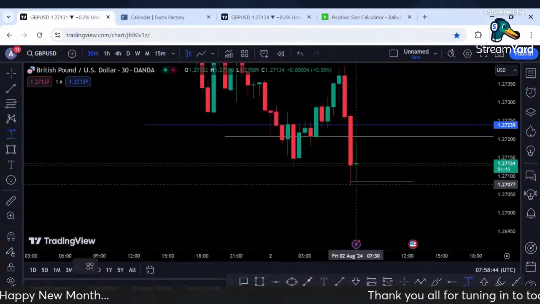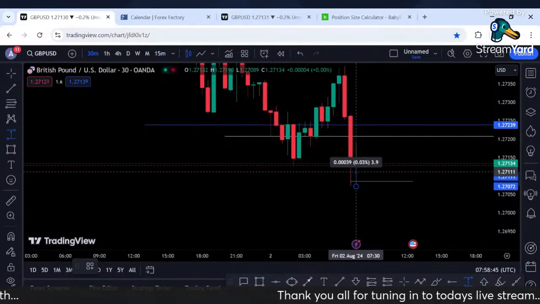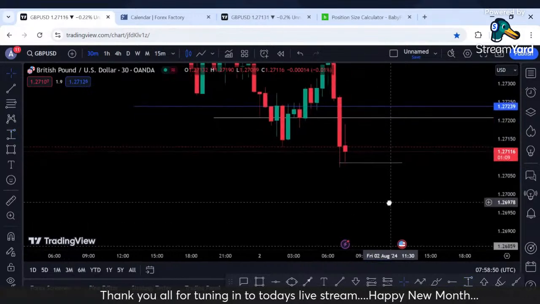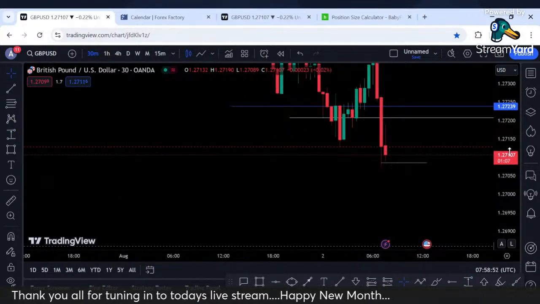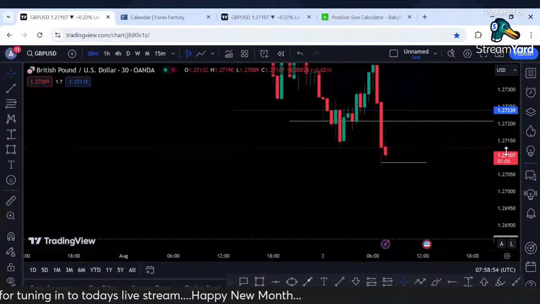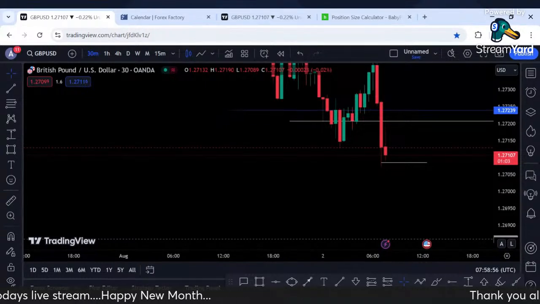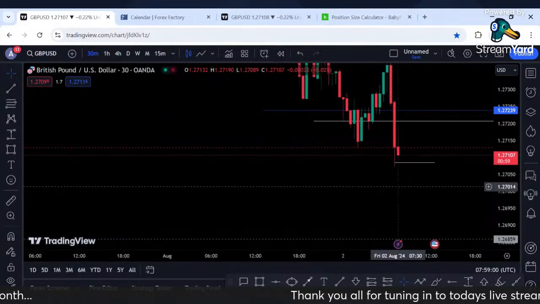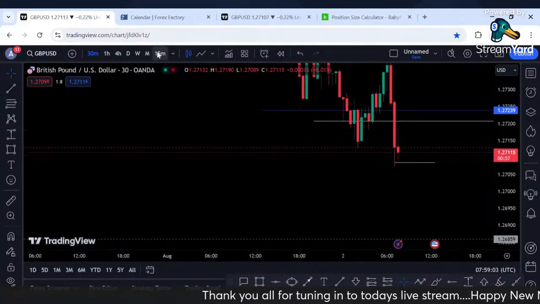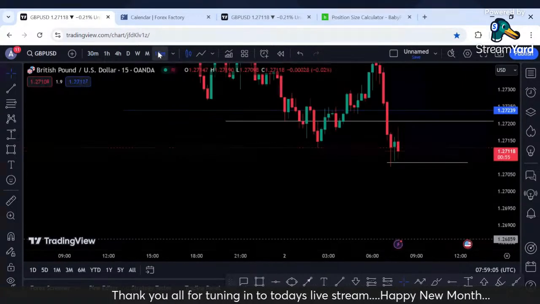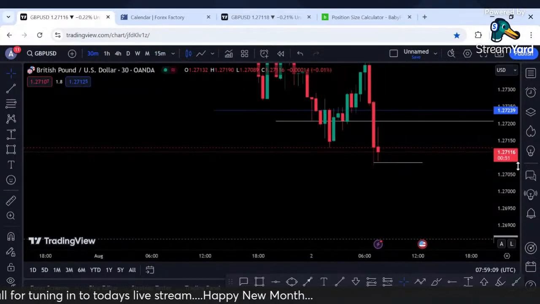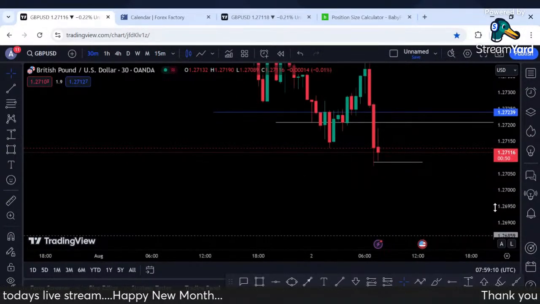So the stop loss will be maybe 20 pips. I'll be taking a sell at the 8 o'clock candle.